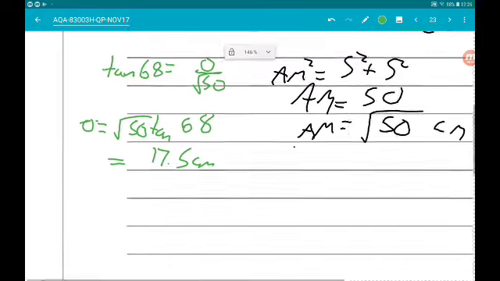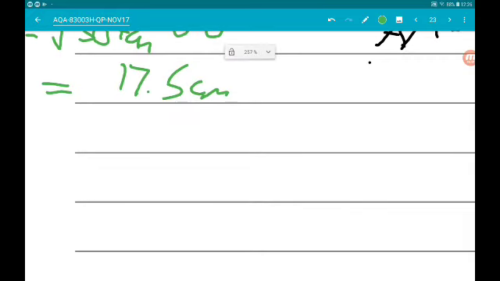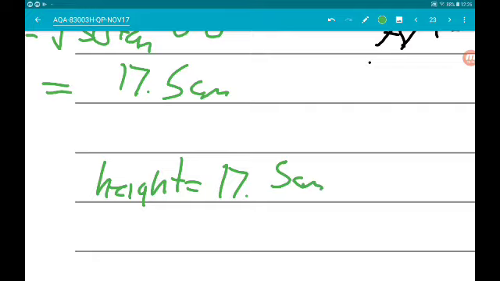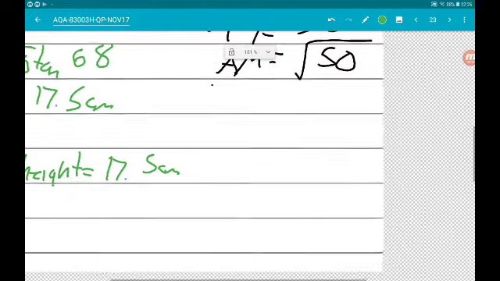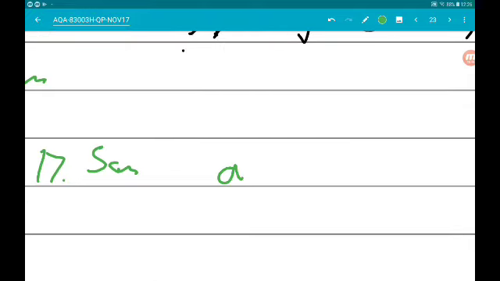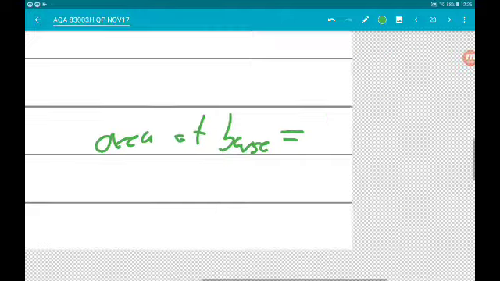So now we know the height of the pyramid is 17.5 centimetres. The area of the base is 10 by 10, so that's 100 centimetres squared.